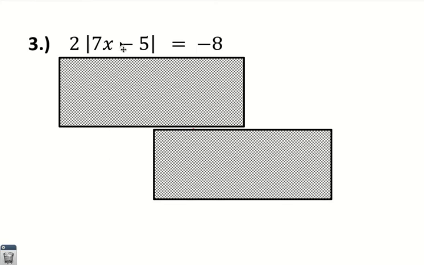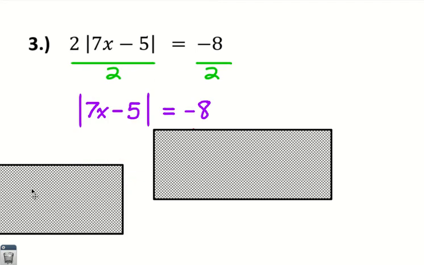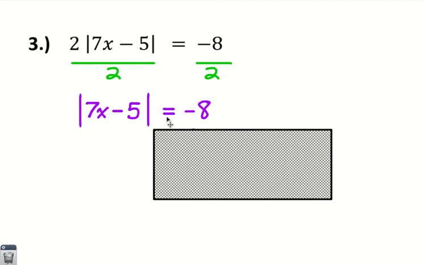This next example, are we ready to do the two cases yet? No, because we want the absolute value of 7x minus 5 totally isolated, so since this is 2 times the absolute value, we're going to divide both sides by 2 to get the absolute value of 7x minus 5 all by itself.